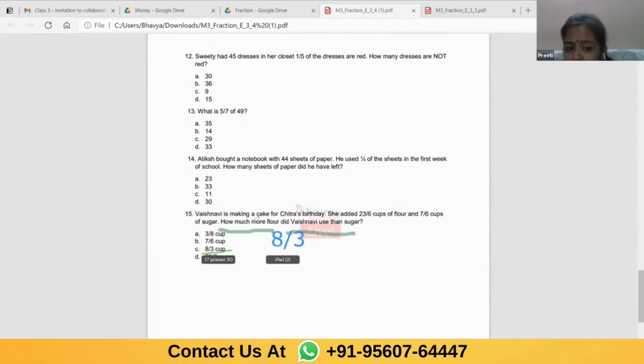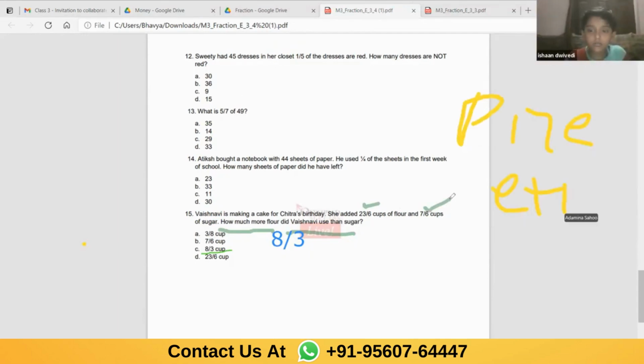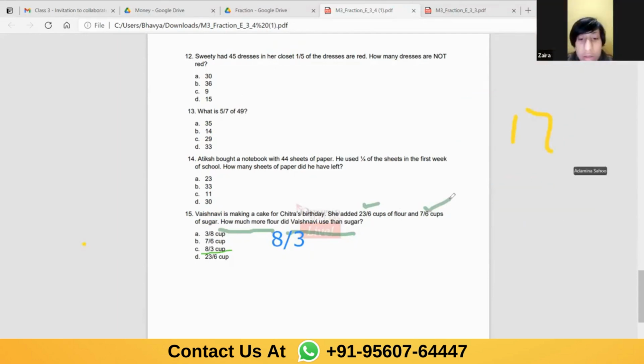Look at how much more flour did Vaishnavi use than sugar. They are comparing them. What is the difference between them? We need to subtract. We need to subtract. Why?